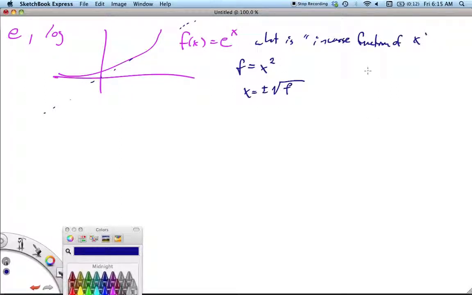We know visually what's going on here. This is x squared, and plus or minus square root of x is something like this. One thing to see right off the bat, and this will be true for any functional inverses, is that there's symmetry about the line y equals x.